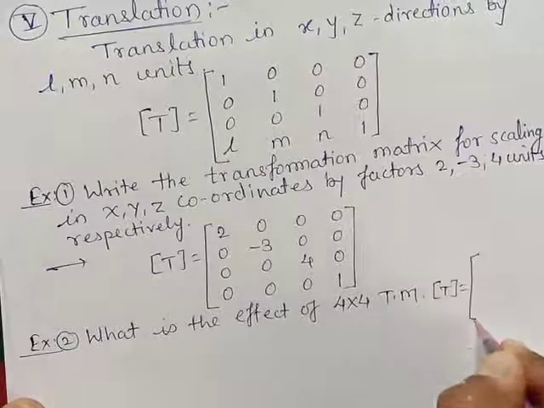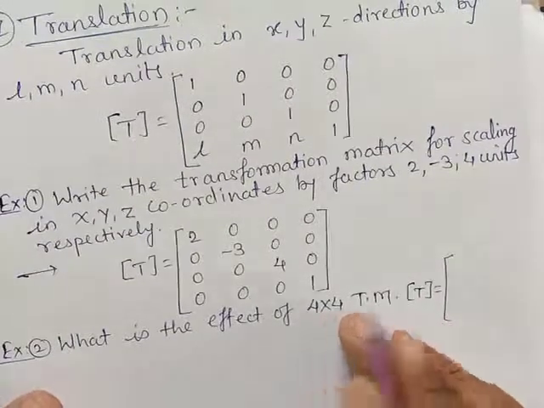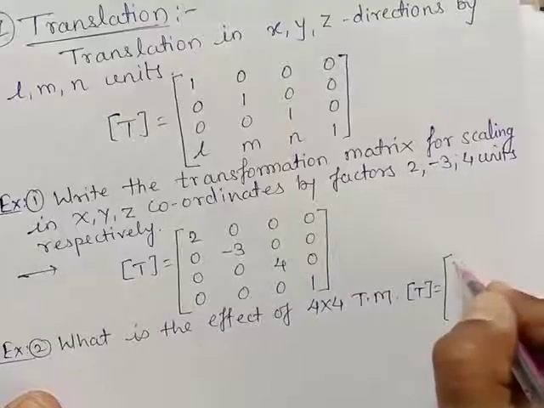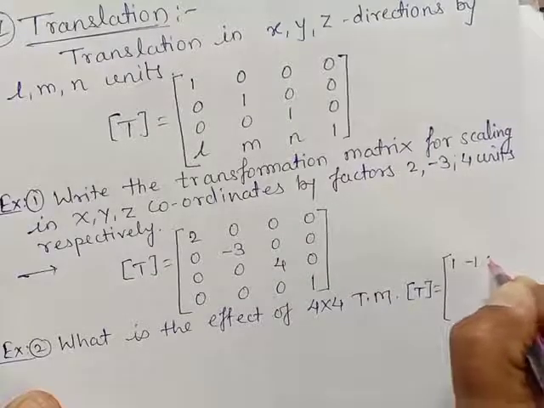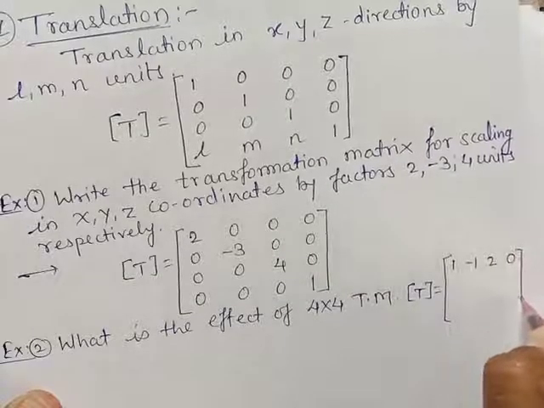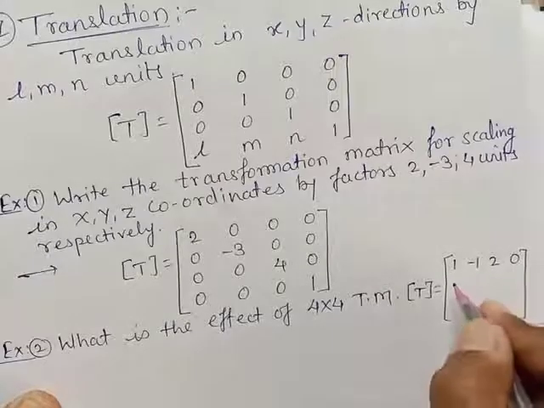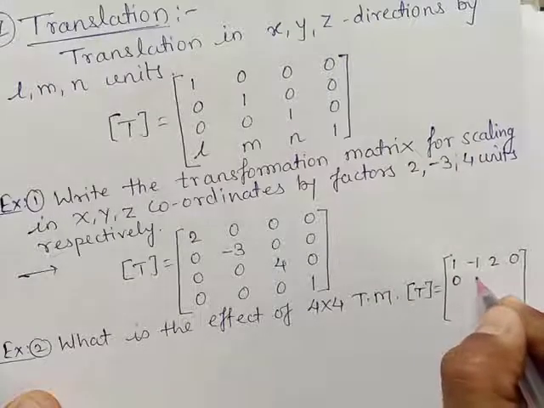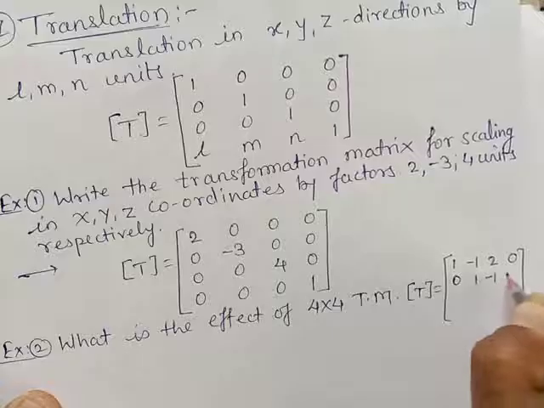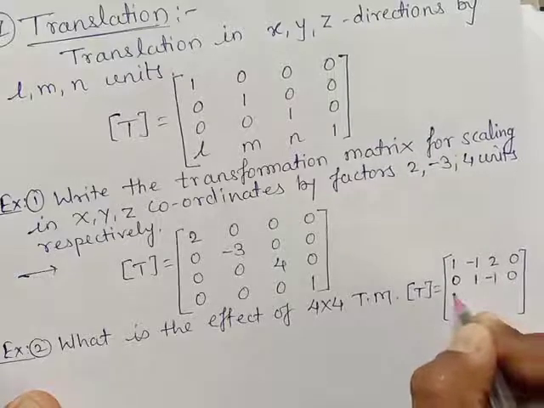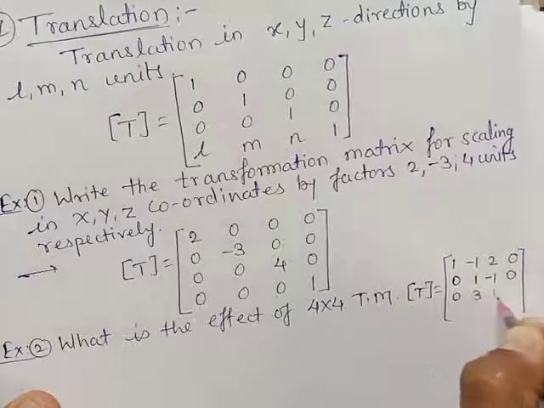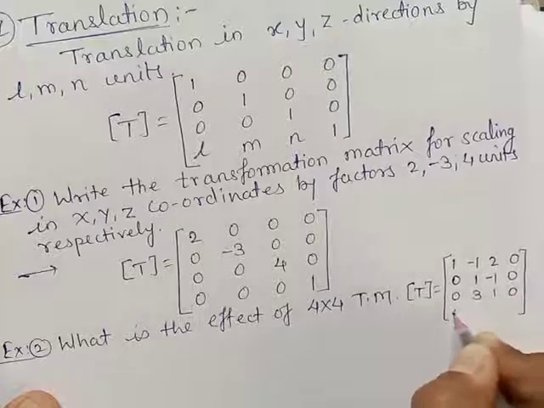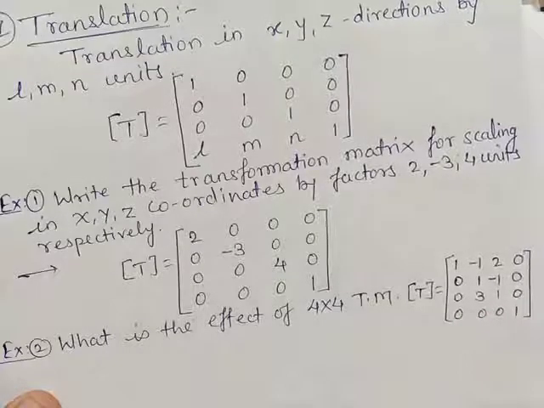The matrix is given 1, minus 1, 2, 0. Then 0, 1, minus 1, 0, 0, 3, 1, 0, 0, 0, 0, 1.